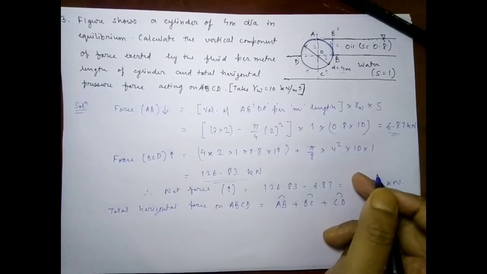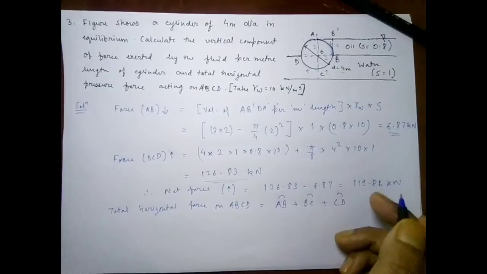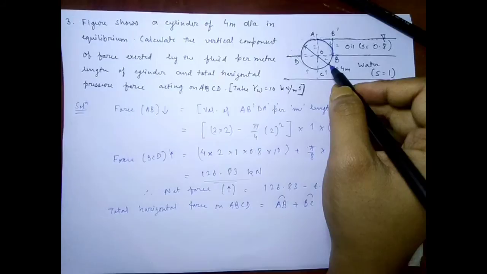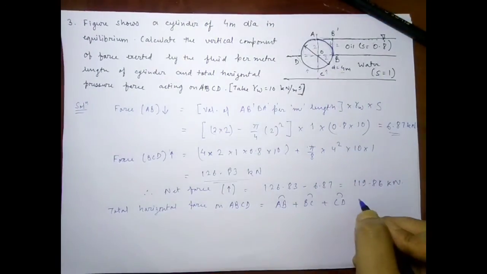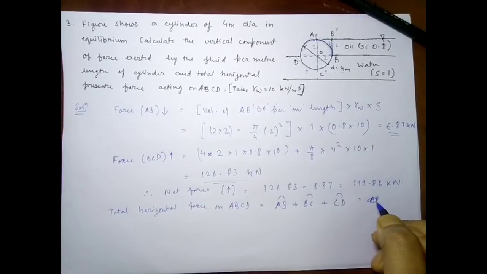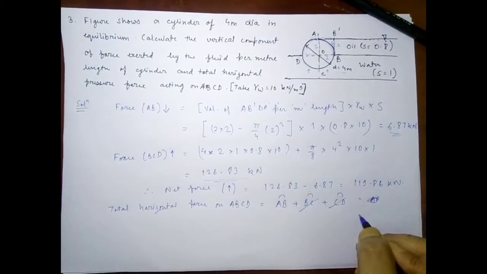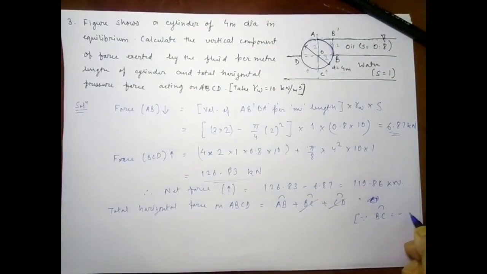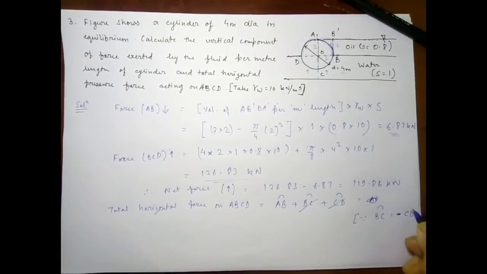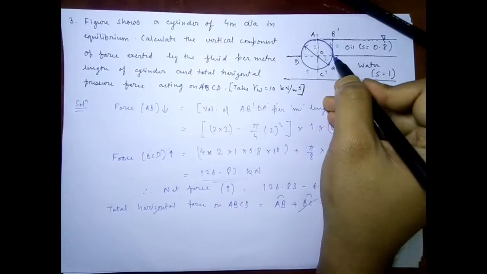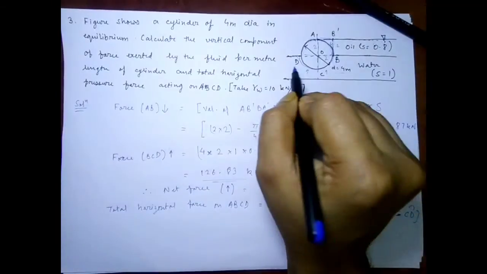But we can also say that the forces on BC and CD will get compensated, so it will be totally the force on AB, since BC is equal to minus CD, minus because it is acting in the opposite direction.